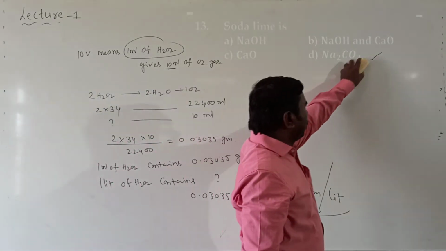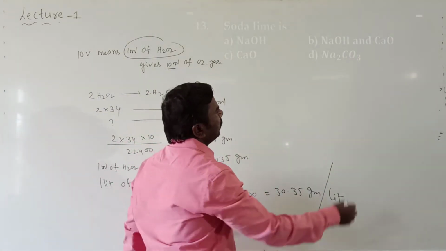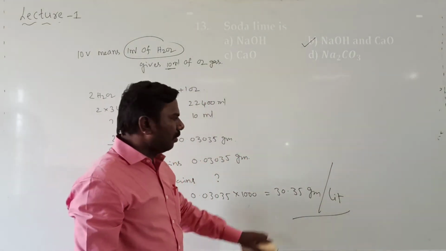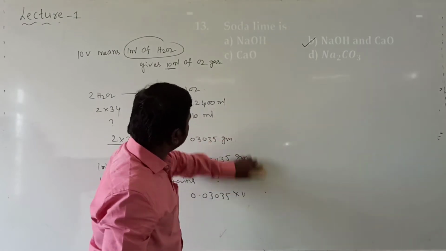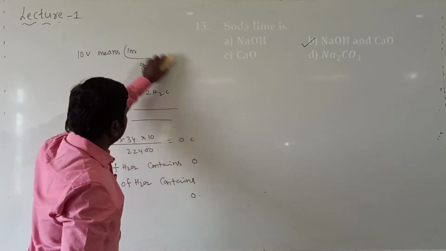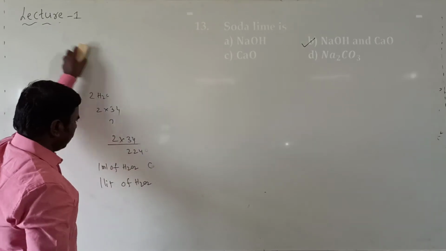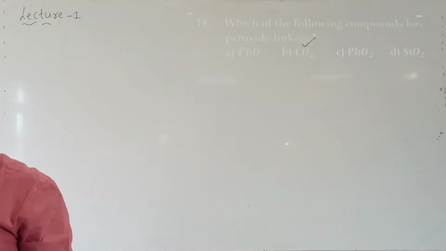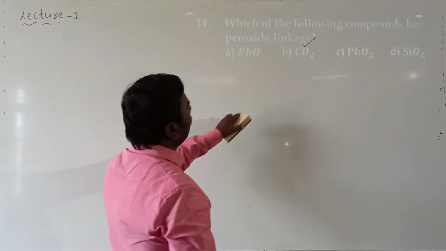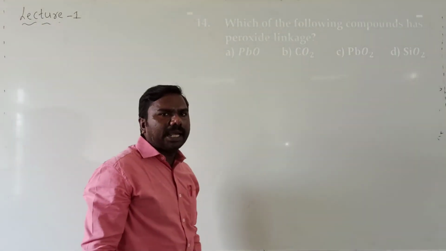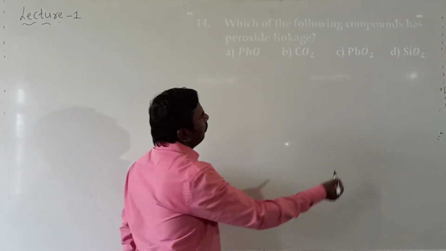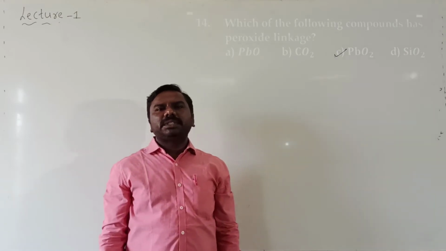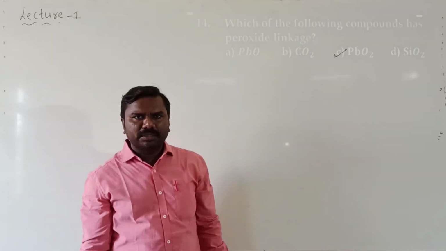Soda lime is a decarboxylating agent, that is NaOH and CaO called soda lime. NaOH is called soda, CaO called lime. Another: which of the following compounds has peroxide linkage? Peroxide linkage, PbO2. PbO is a normal oxide, PbO2 is a peroxide. You have to calculate the oxidation state.